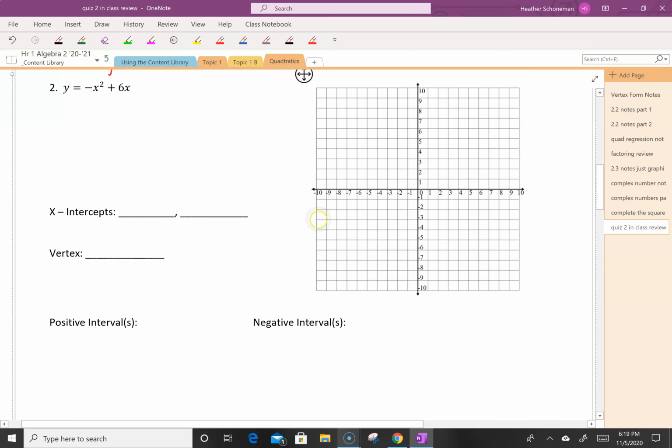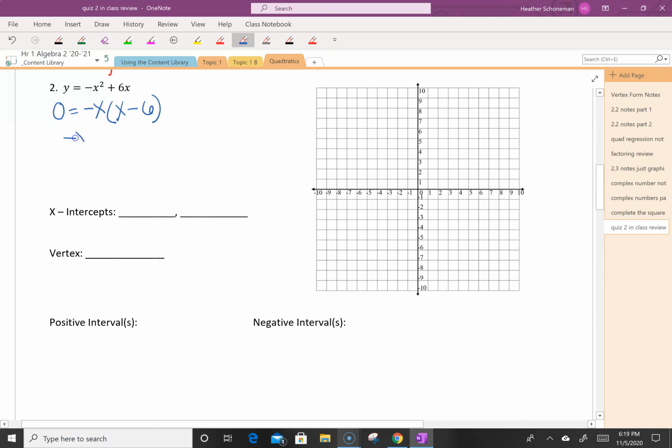All right, number 2. To find the x-intercepts, I'm going to plug in 0 for y, and I need to factor. Because the leading coefficient is negative, I know I'm going to have a greatest common factor. I know I can take out at least a negative 1, but in this case, I can actually take out more than a negative 1. I can take out a negative x, and negative x squared divided by negative x is positive x, and then the positive divided by a negative is a negative, and the x's cancel, and I just get 6.